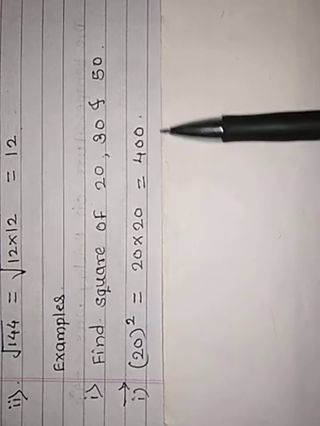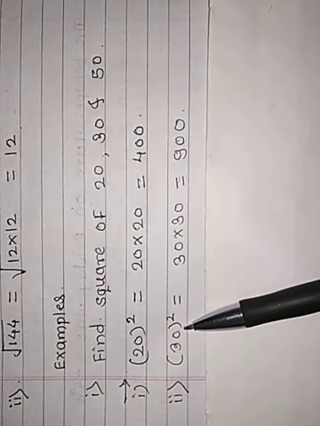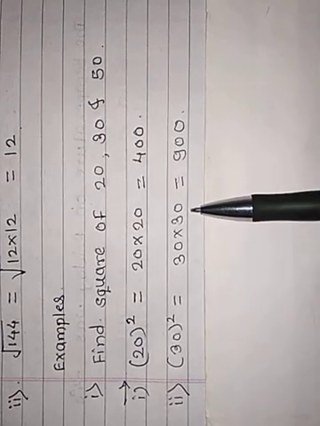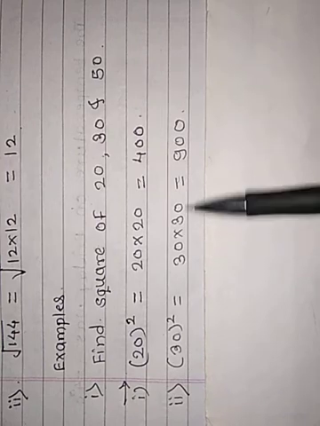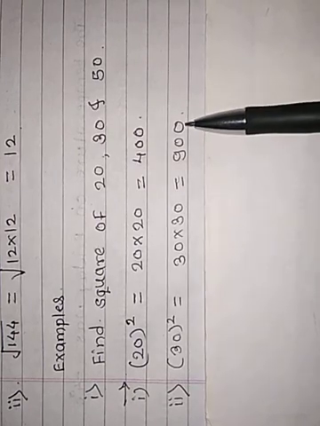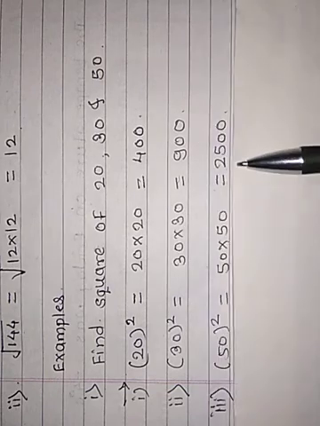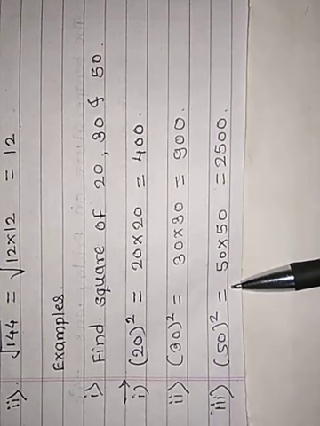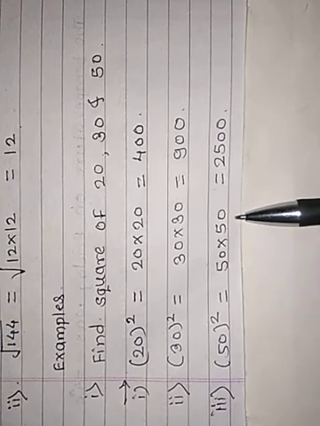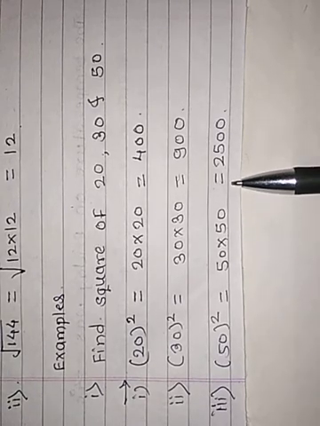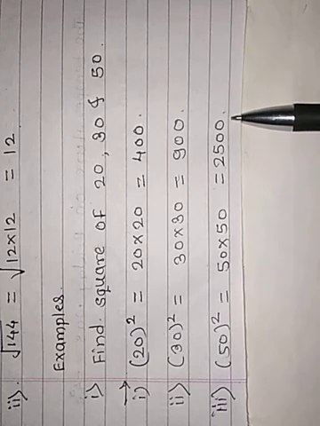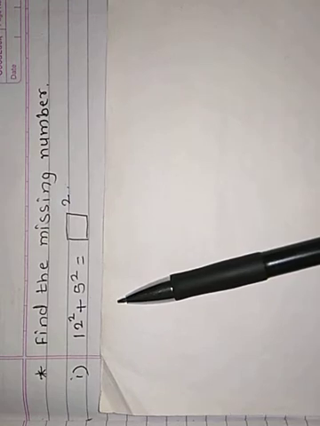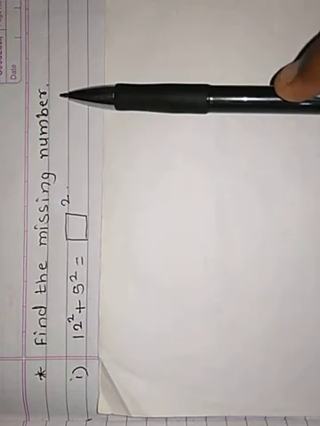Now next number, 30 square, which we can write as 30 into 30. 30 into 30 will be 900. Next number, 50 square, which we can write as 50 into 50, which is equal to 2500.